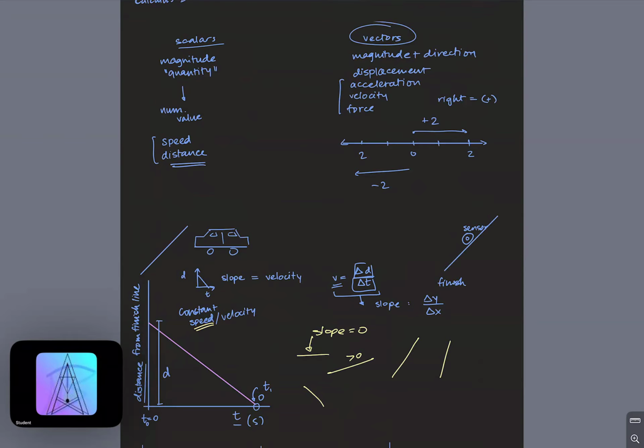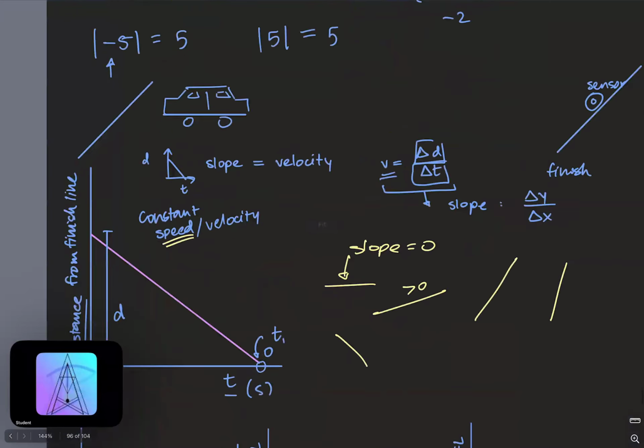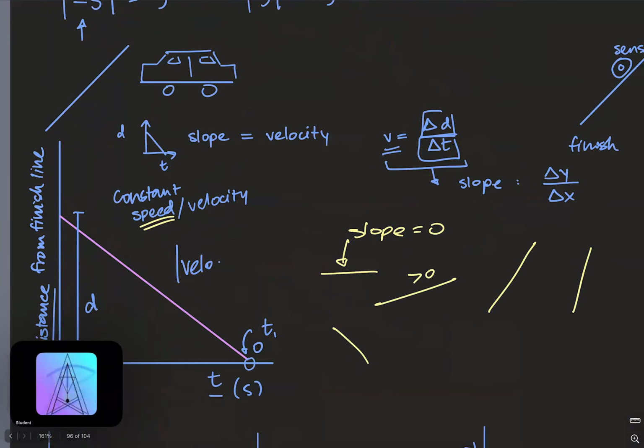The absolute value of -5 gives me 5, and the absolute value of 5 also gives me 5. So what the absolute value operation does is it gets rid of any sign, so you end up with only the magnitude of the value. You get rid of this sign convention, okay? Which is why the magnitude of velocity equals speed.